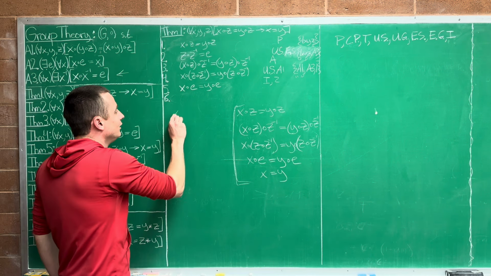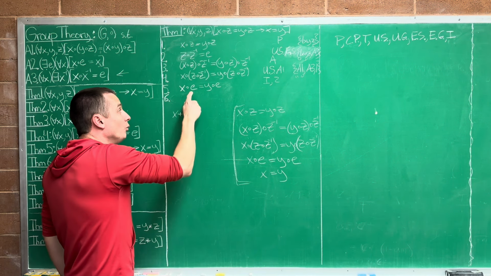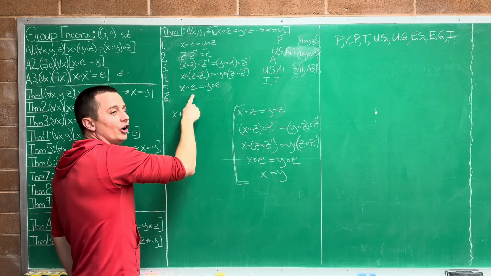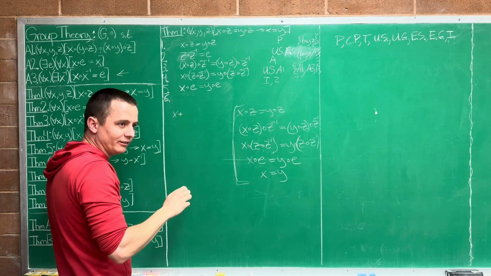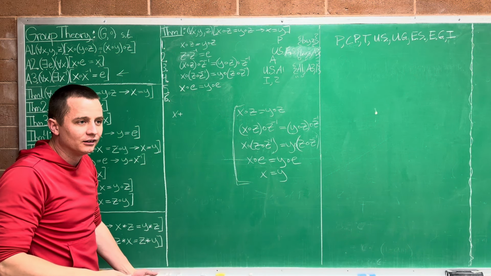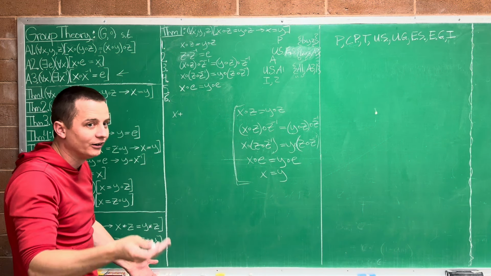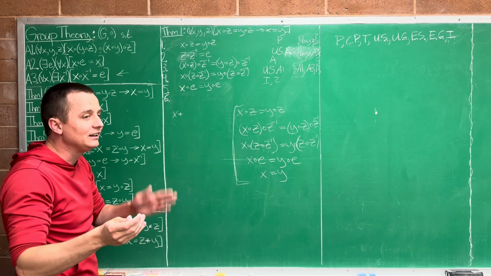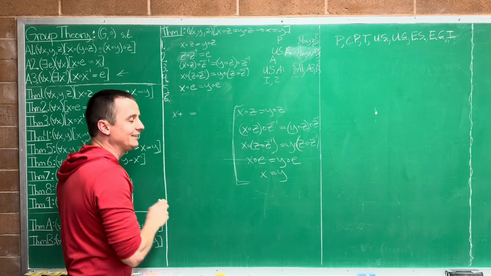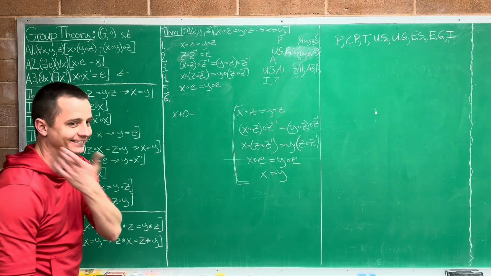X plus E. X plus, what is our identity with plus? Oh, negative x. What is our identity with plus? What is a number such that when you add to, you get yourself back? It's the negative of the number. Now, that's the inverse. What is a number I can add to x such that the result is 0? There you go. Yeah.